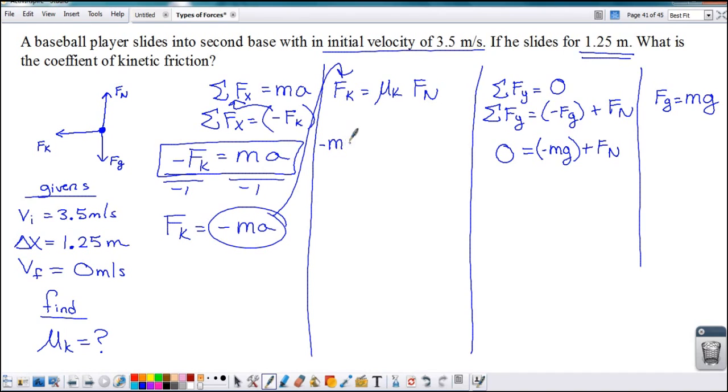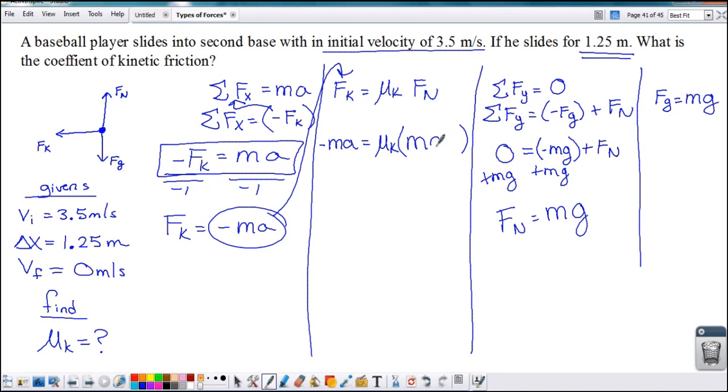So over here, we go ahead and substitute that in. So negative mass times acceleration is equal to the coefficient of kinetic friction multiplied by, now I need to go over here, okay? Well, I need Fn. I didn't solve for it yet, so I'm going to move this to the other side by adding it. So the normal force is equal to the mass times gravity.